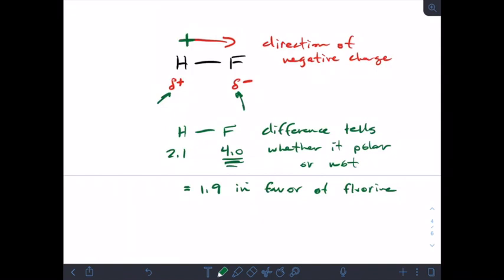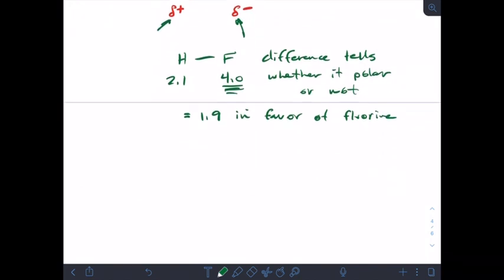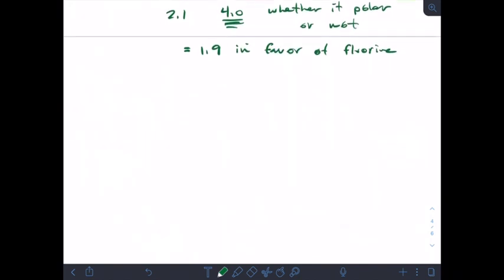So with that, we have some guidelines for determining types of bonds that we get depending on electronegativity, or from polarity. Okay?